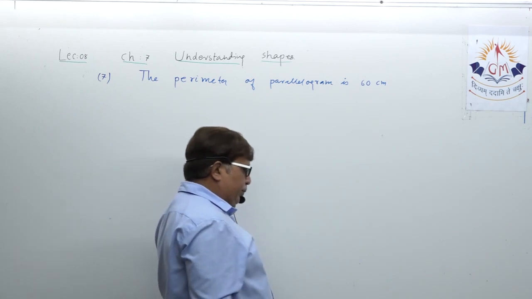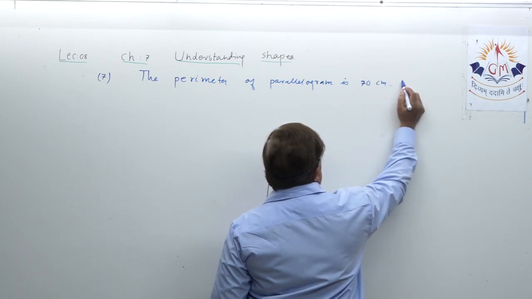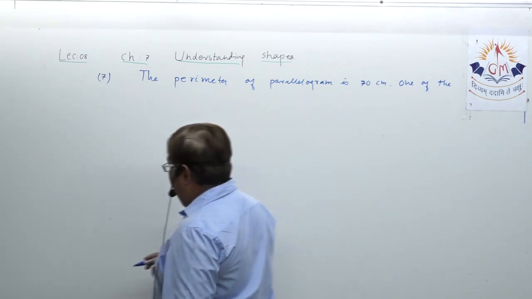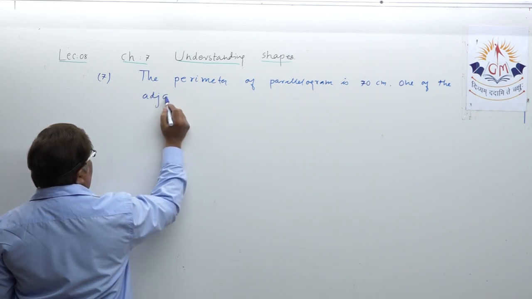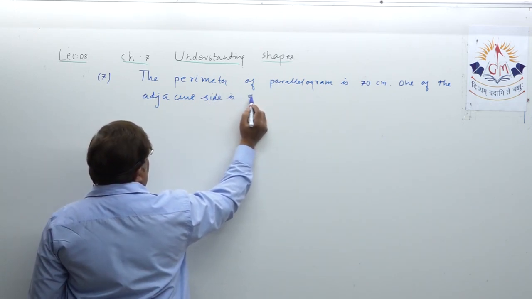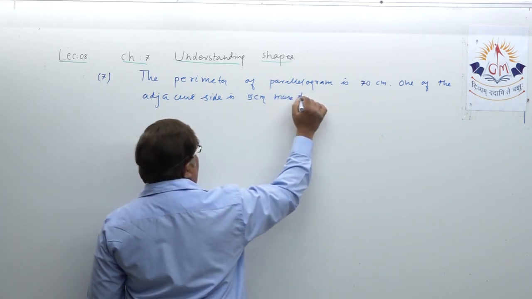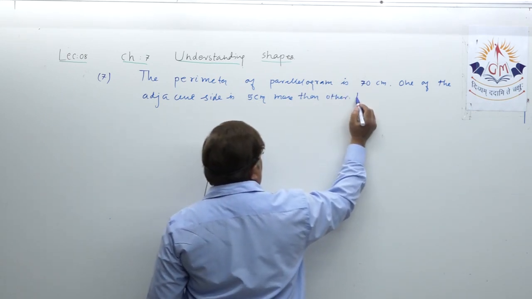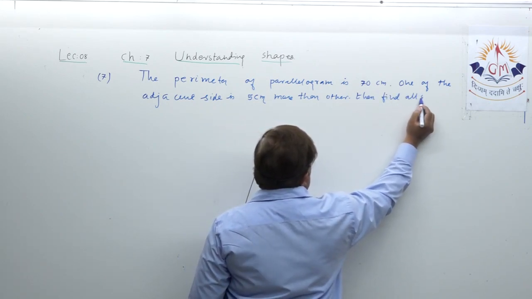The perimeter of parallelogram, okay, let us take 70 centimeter. One of the adjacent side is 5 centimeter more than the other, then find all sides. This is the sum.